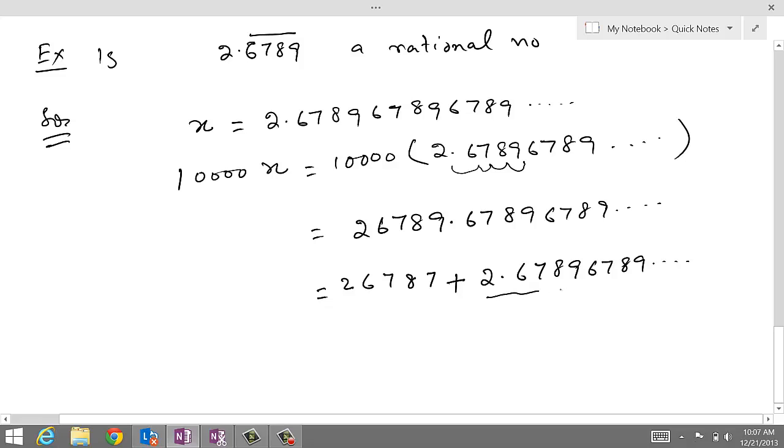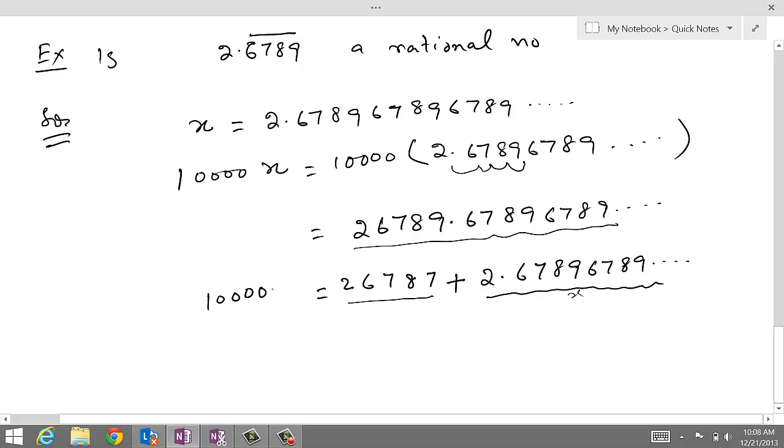We always want to create the original number, and whatever remains we write here, because we want to call this x again.